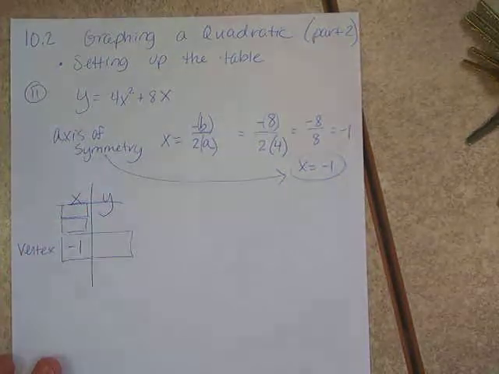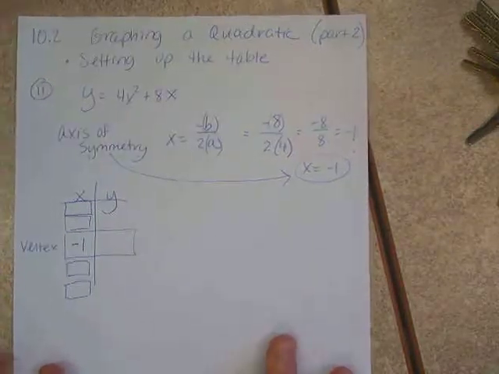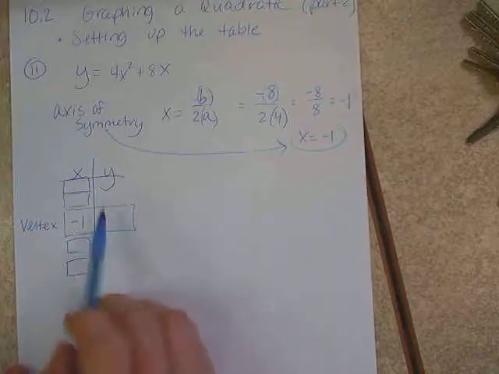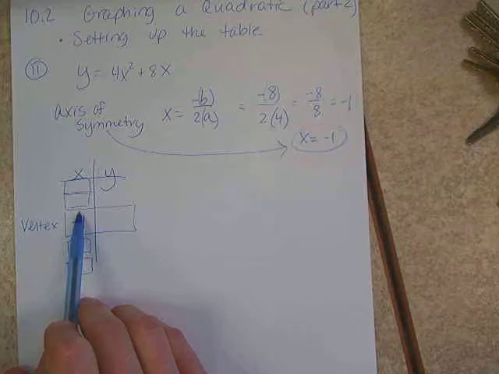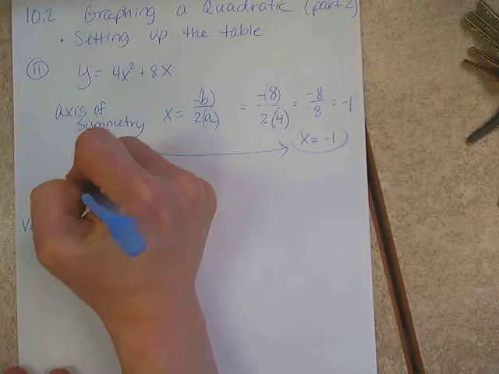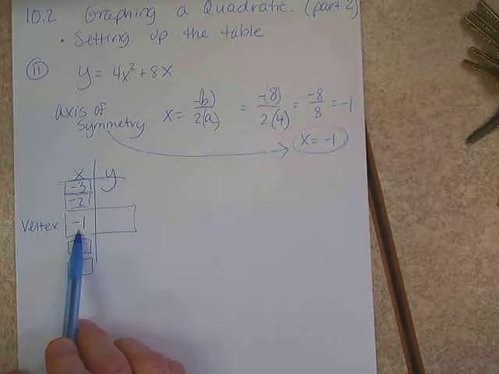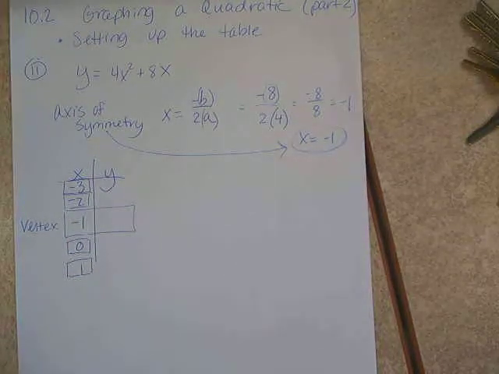Now, to build our table, we usually would do 2 spaces to the left and 2 spaces to the right. Think of it like a number line. Okay? If I were to turn this graph on its side, what would immediately be to the left of negative 1 on the number line? Negative 2, and then further would be negative 3, and then immediately to the right of negative 1 would be 0 and 1.